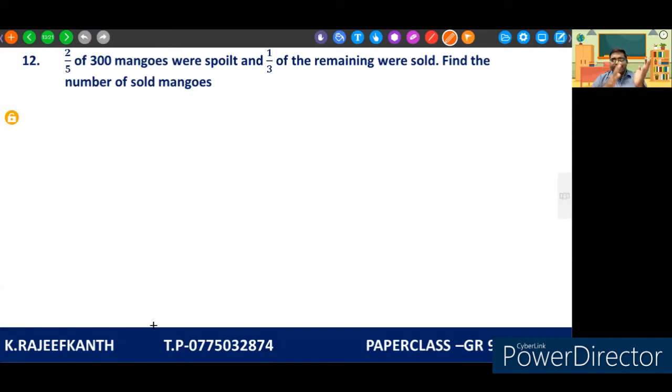So first you can find the number of spoiled mangoes. Then 1/3 of the remaining were sold. Then you can find the remaining mangoes. After that you have to find 1/3 of the remaining. So that is the mangoes we sold, right? We have to find the number of sold mangoes.